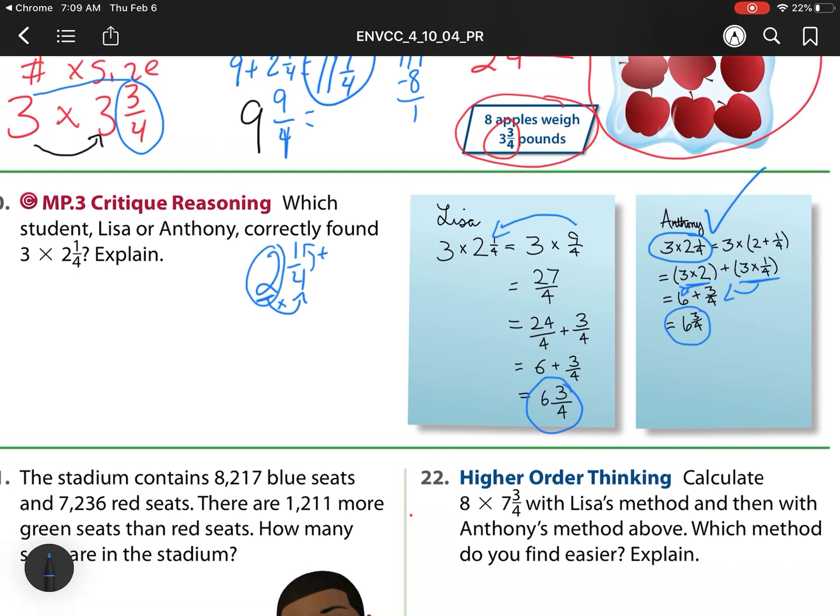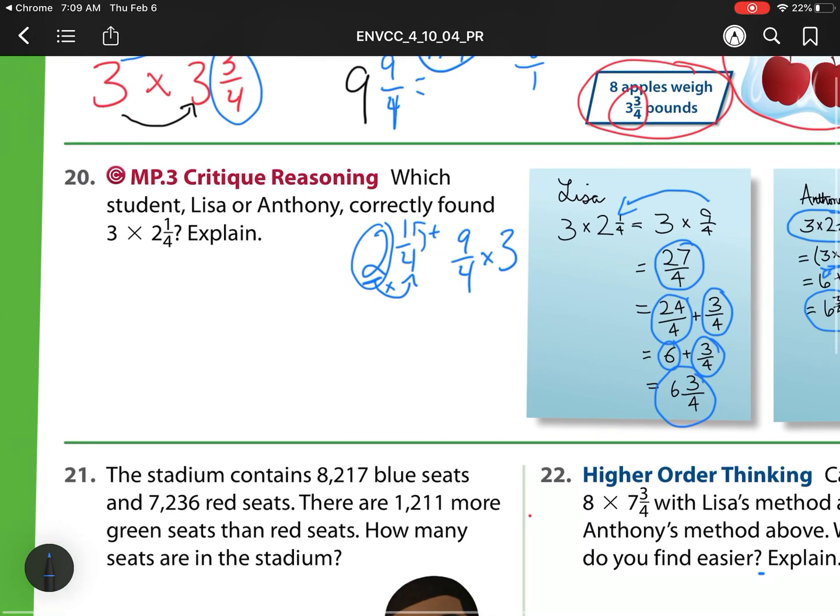So I'm multiplying, and then I'm adding. So that 9/4 is actually the same as 2 1/4. So now we're doing that multiplication, and we see we have 3 times 9/4, which is 27/4. And then we broke that up into a whole number, and we decomposed it into that fraction. And then we have 6 plus 3/4. So this one was actually trying to trick us. So the answer is they both did.